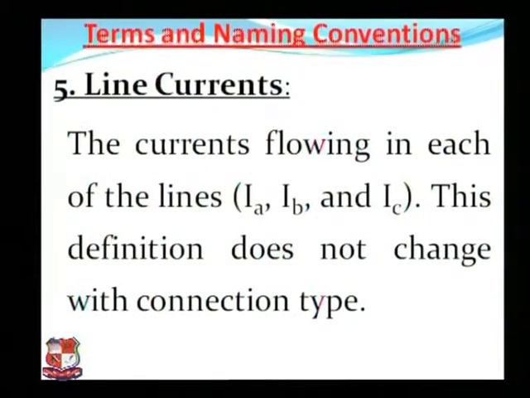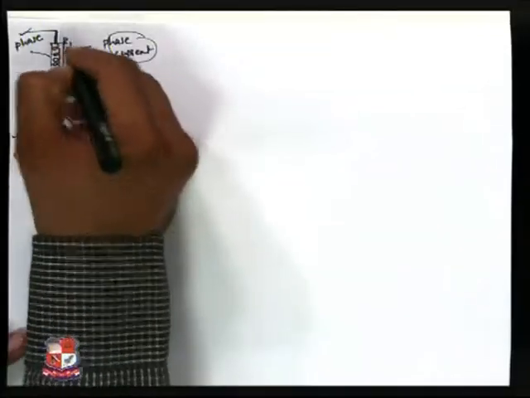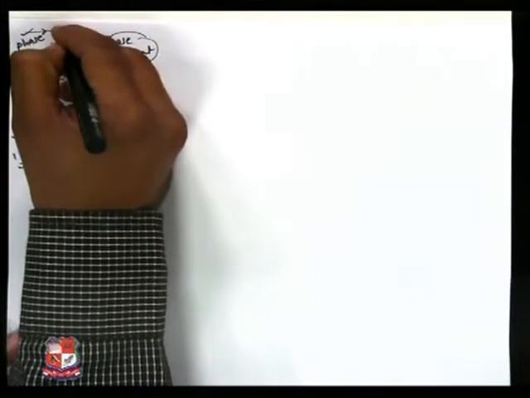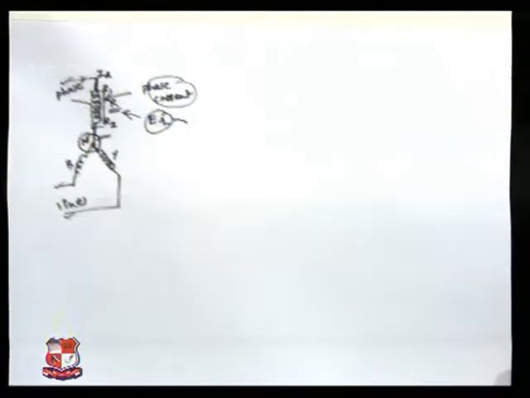The next one is the line current. The current flowing in each line is called the line current. If this is phase R, then the current passing from here is called IR, the line current.